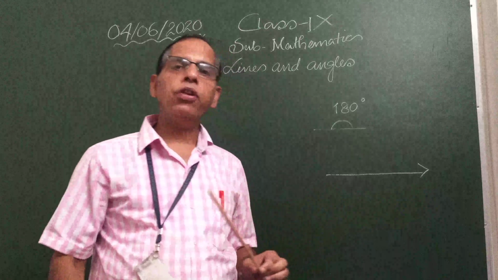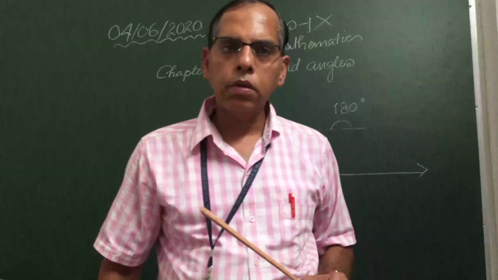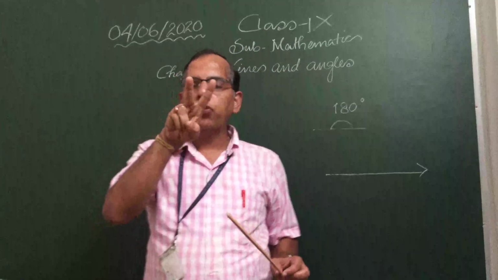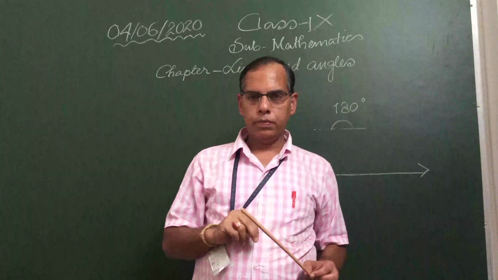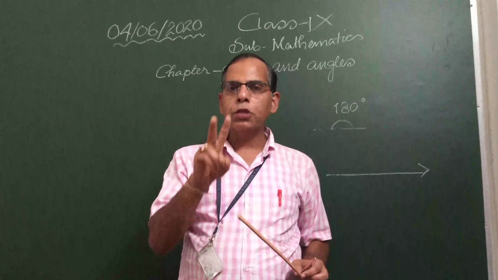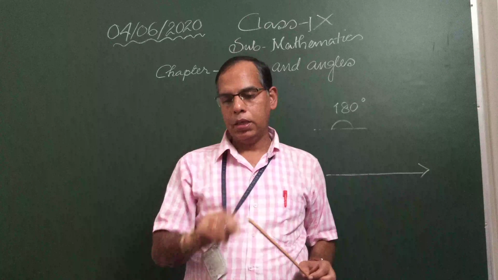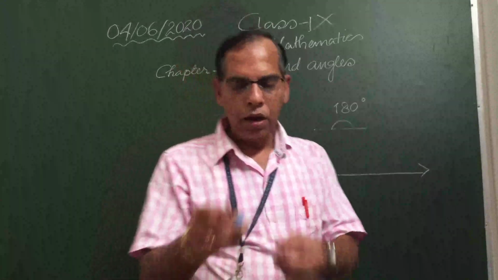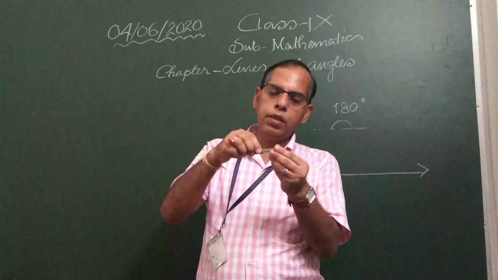So now the definition. What is that definition? If two rays meet at a point, remember my dear students, I have explained, this is one ray, this is another ray.